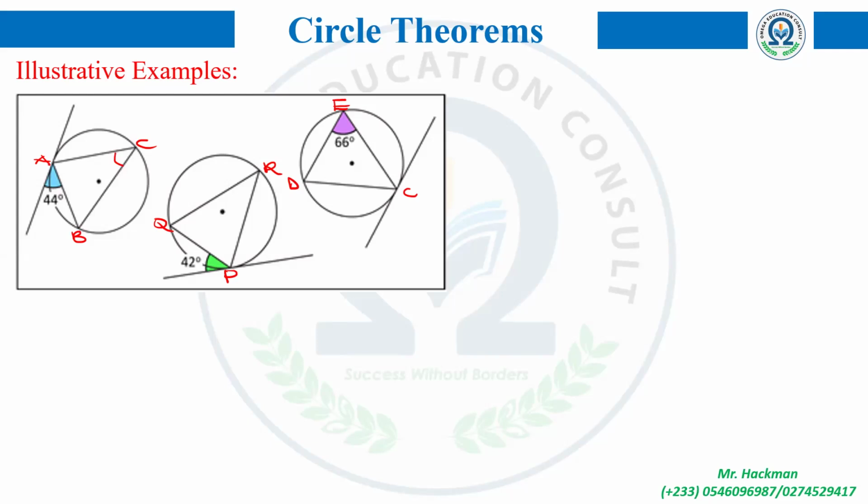In any case, your reason will be angles in the alternate segment or alternate segment angles. However, how were you able to identify this as the alternate segment angle? That's my point, or that's the question. Ekuya, do you want to come in again? How were you able to identify that angle?